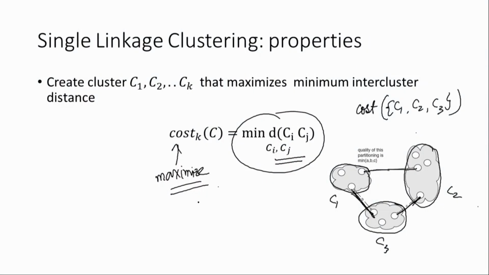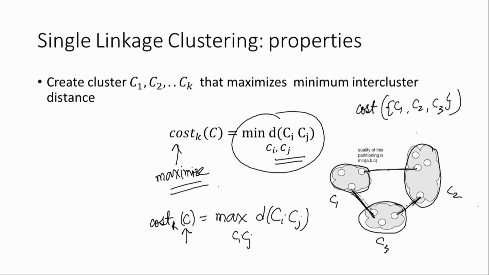That's one definition. Why do we take the minimum and then try to maximize it instead of directly taking the maximum? Maximum of what distances? Because there are two things you have to do. Oh, I see, you're saying the cost of C would be the max of something. But this is the definition for one clustering.